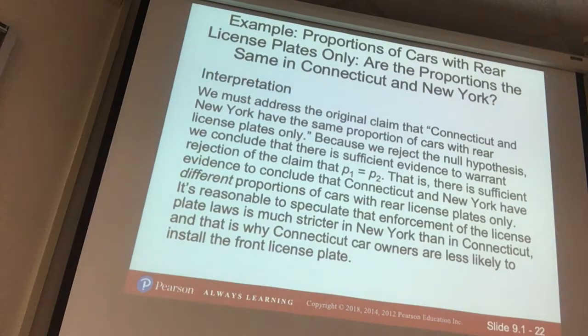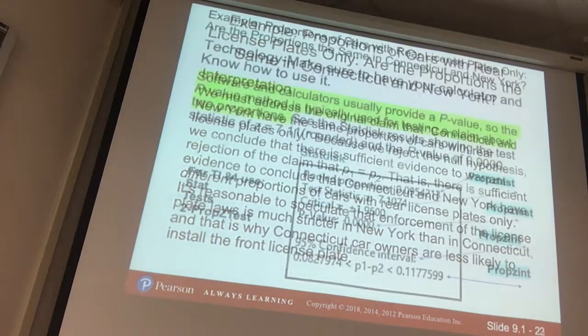Because we reject the null hypothesis, we conclude that there is sufficient evidence to warrant rejection of the claim that P1 equals P2. That is, there is sufficient evidence to conclude that Connecticut and New York have different proportions of cars with rear license plates only. So they're concluding what they determined.